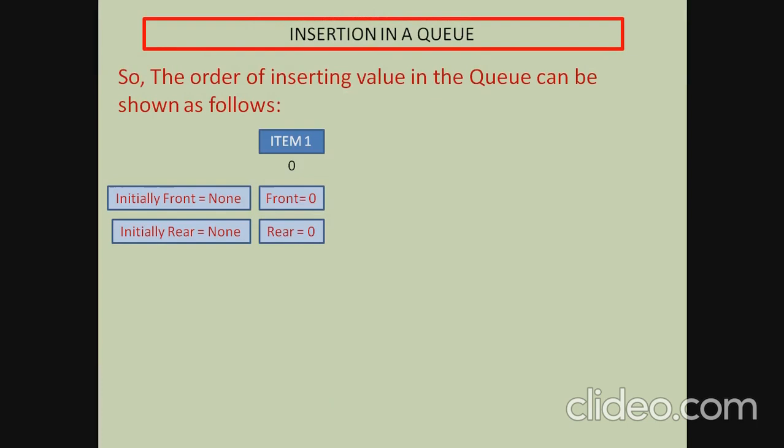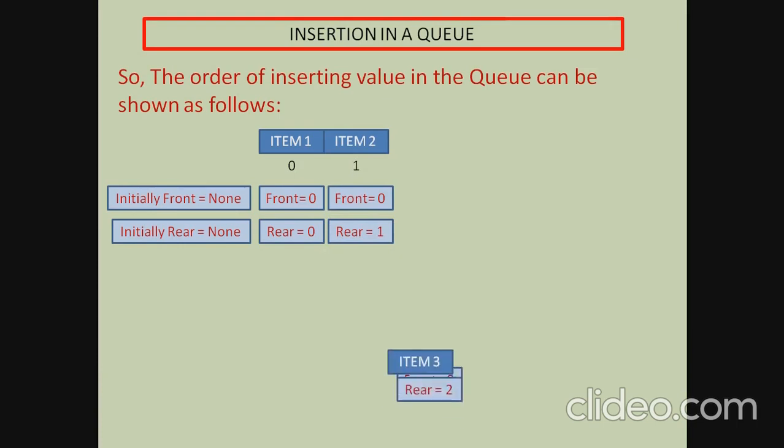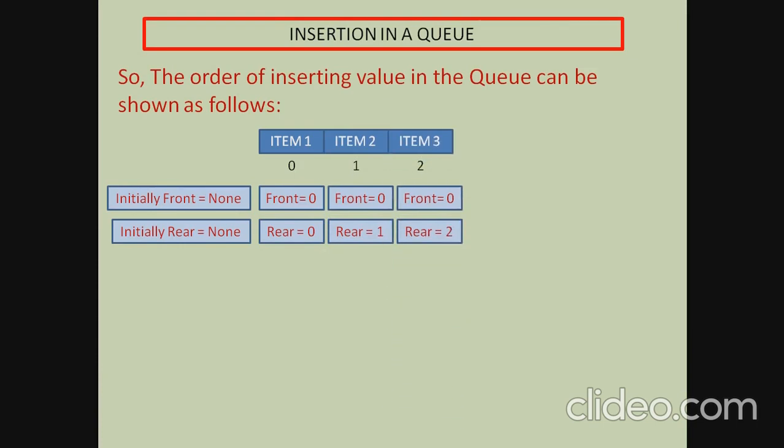When item number 2 is inserted, front remains 0 but rear becomes 1. When item number 3 is inserted, front remains 0 again but rear now becomes 2. Item number 4 is inserted in subscript number 3. Front remains 0 but rear has to be changed to 3.